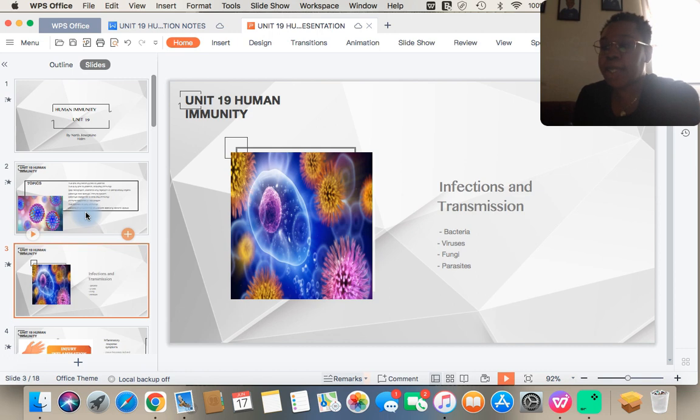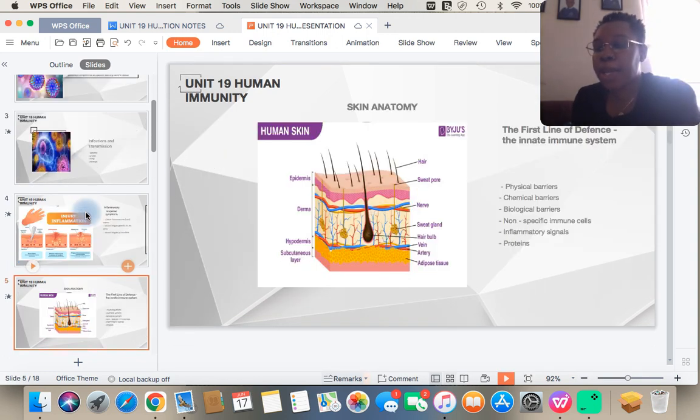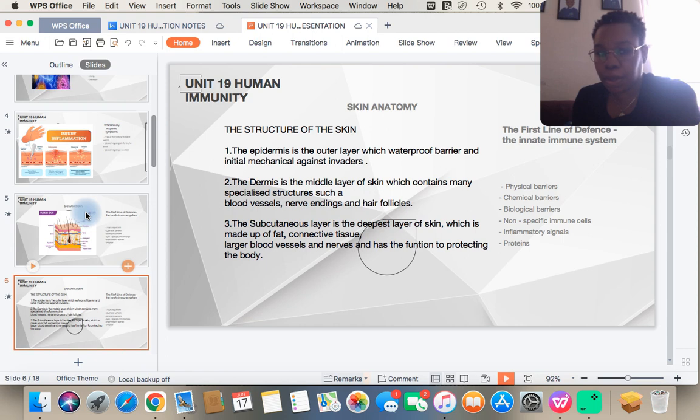The skin is composed of three major layers: the epidermis, the dermis, and the subcutaneous layer. The first layer is a waterproof barrier and initially acts mechanically against invaders.